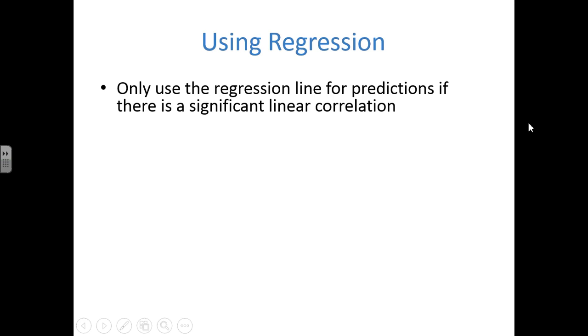In using regression, we can only use regression lines for predictions if there's a significant linear correlation. Minitab will find you a regression equation for any paired data that you put in. But if you have not taken the time to analyze for the correlation or the linear relationship, and you find when you do correlation analysis that there is not a strong linear relationship between x and y, then the equation for the regression line will not be a good model for our data, because the regression line is a model for a linear relationship.